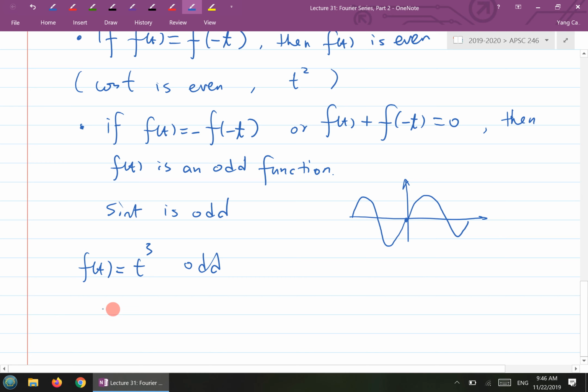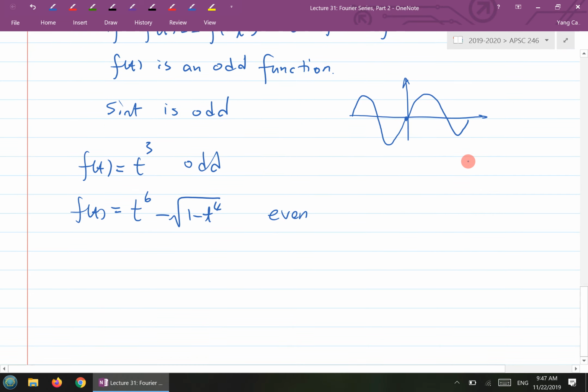If I have f of t equal to t to the power 6 minus 1 over the square root of 1 minus t to the power 4, the powers here are all even numbers, so this one is an even function. When you plug negative t into this one, you get back exactly the same function.